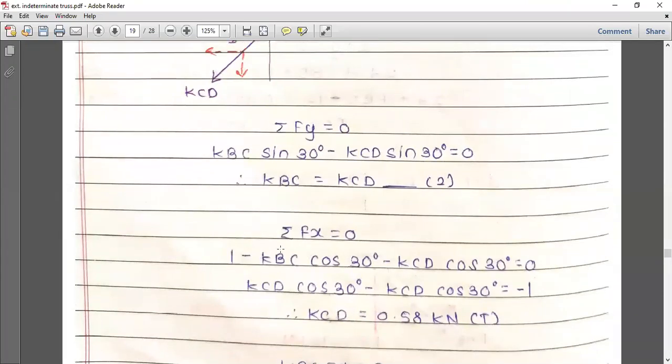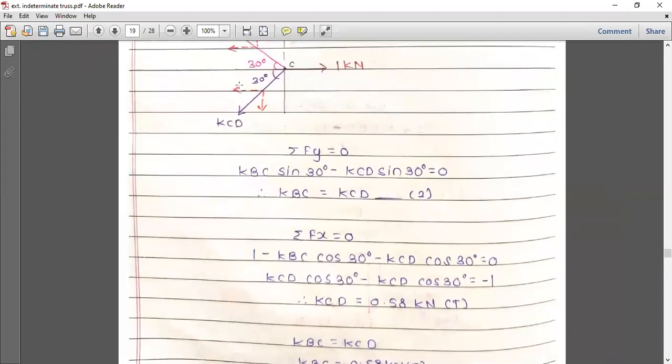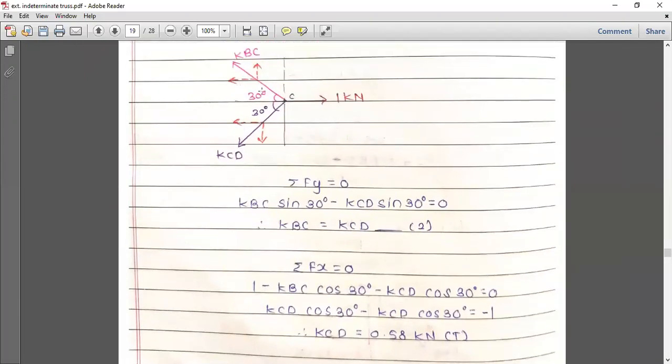Next, apply summation Fx equal to 0 to this diagram. So plus 1 minus KBC cos 30 minus KCD cos 30. These are going left side, that's why minus.